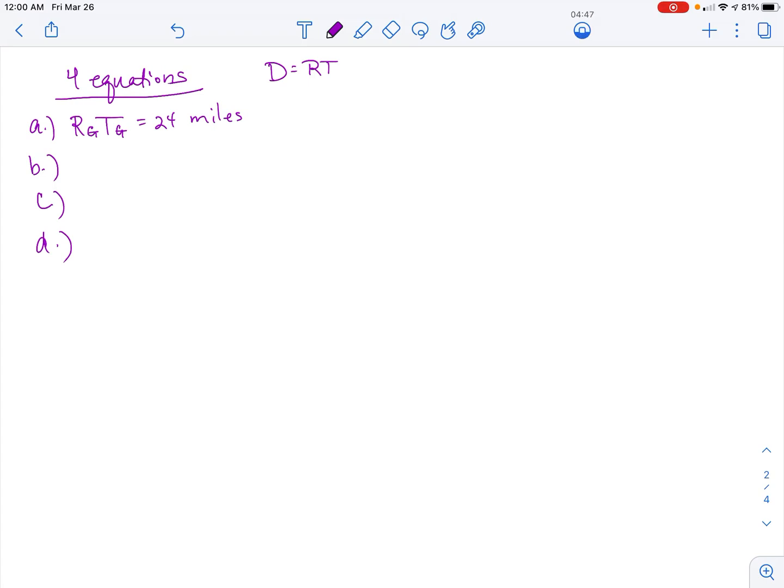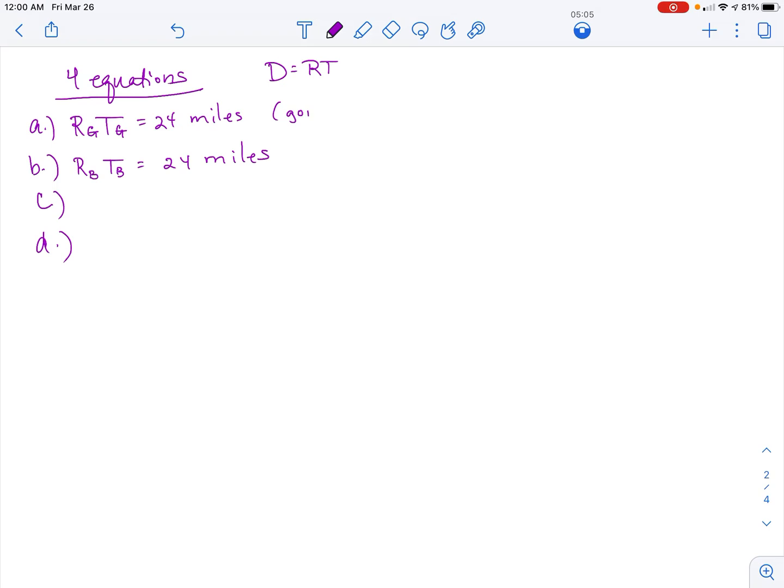Now, the distance coming back home is also 24 miles. So we're going to call that the rate back times the time coming back, is also 24 miles, right?